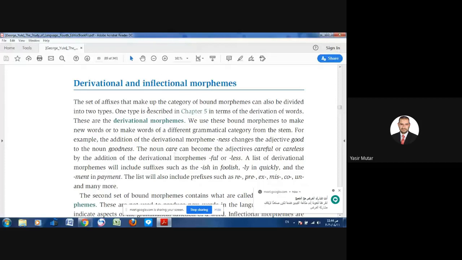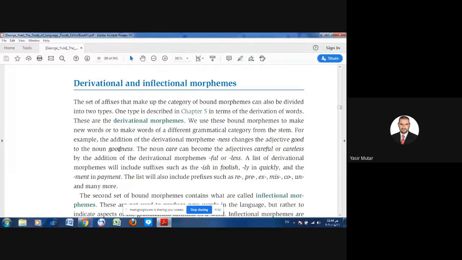We said that derivational morphemes are those additives added at the beginning of some words, or in the middle of some words, or at the end of some other words. For example, the word good is an adjective. By adding the suffix -ness, it will be a noun.